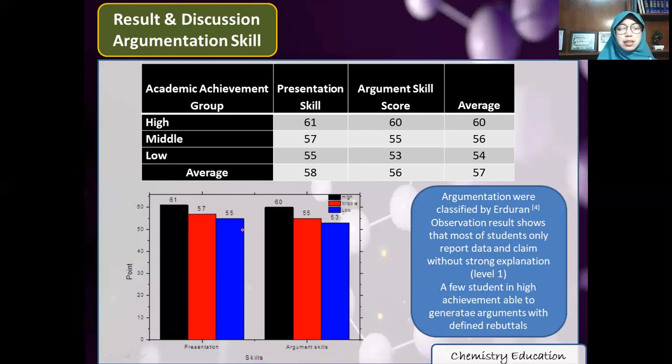The middle and low academic achievement groups have scores lower than the high achievement group, but not really different. It shows that the ADI model can enhance presentation skill and argumentation skill for students at all levels of academic achievement.